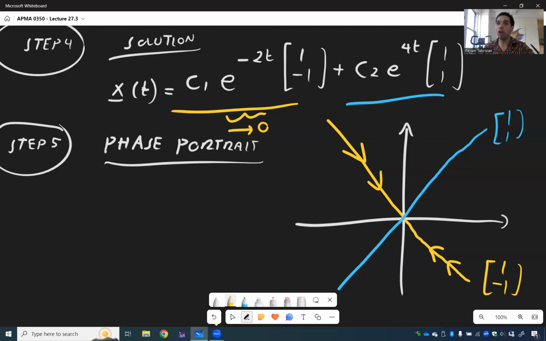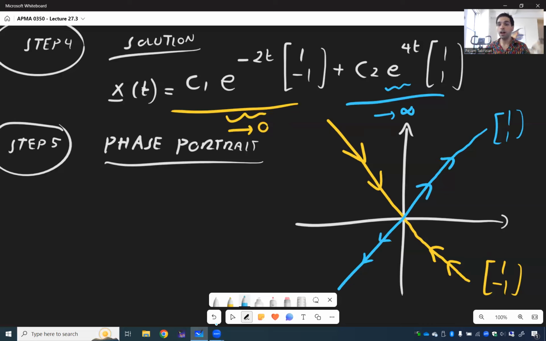That's why you're drawing arrows going towards the origin. On the other axis, (1, 1), this e^(4t) blows up to infinity. And in particular, solutions on this axis move away from the origin. And that's why you draw arrows going away from the origin.